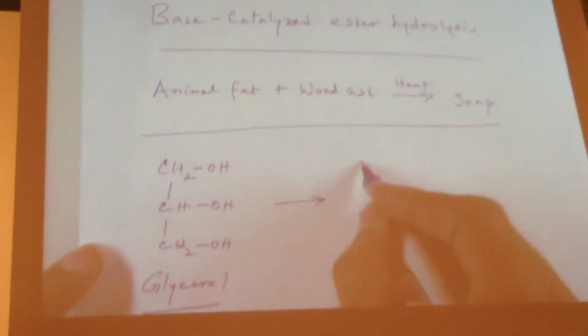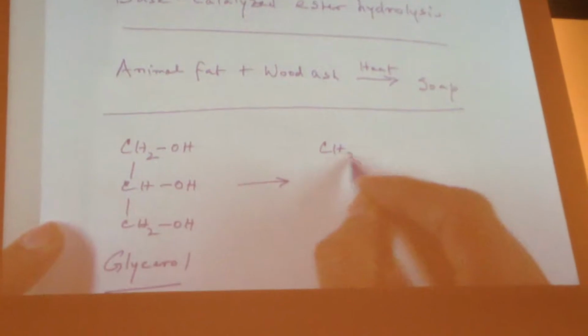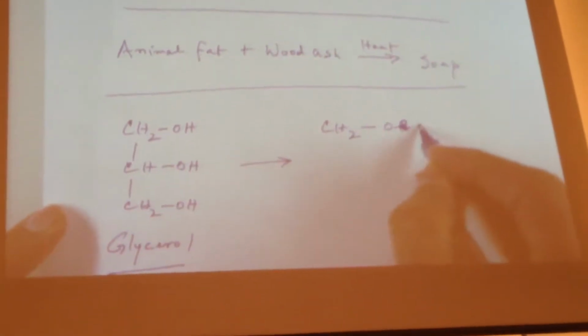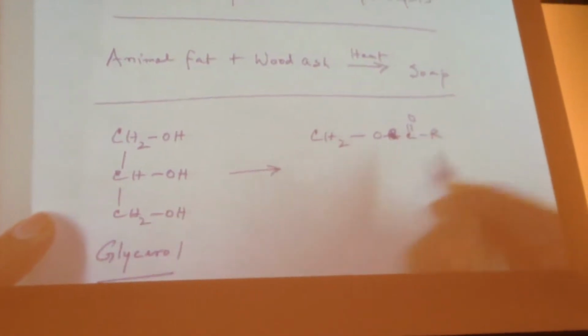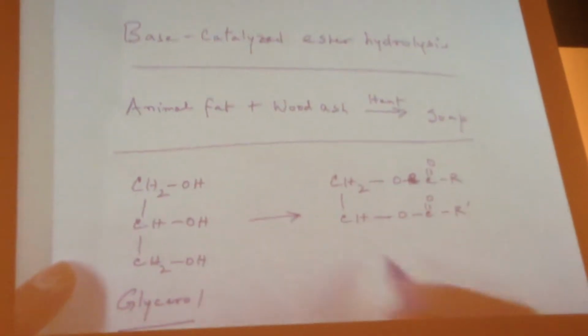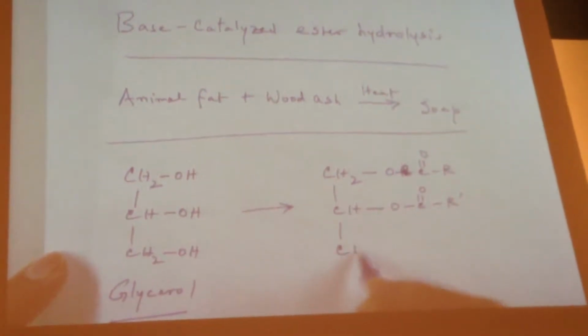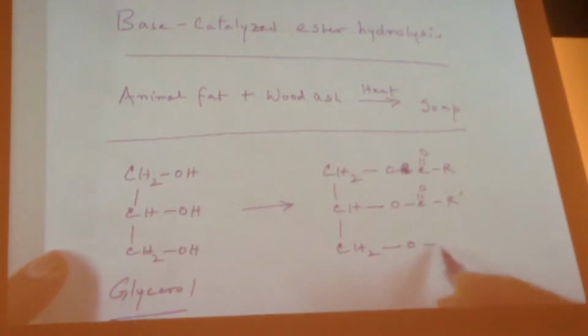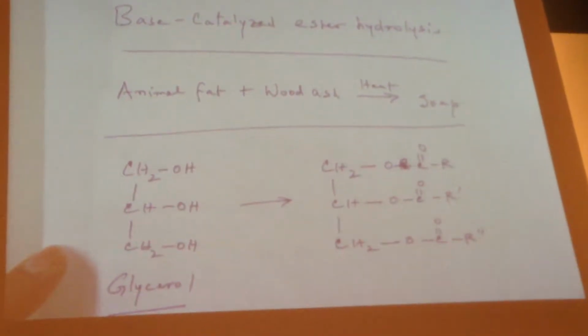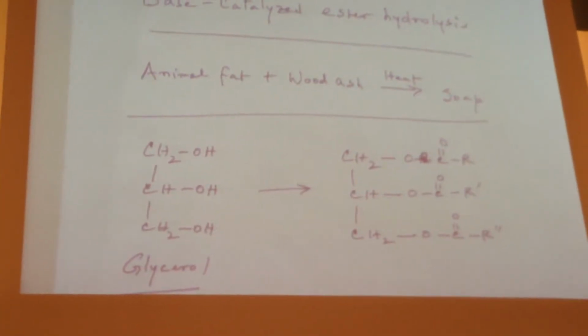So if you convert glycerol to triesters: CH2OCOR, CHOCOR prime, and CH2OCOR double prime. The R groups could be different or the same.